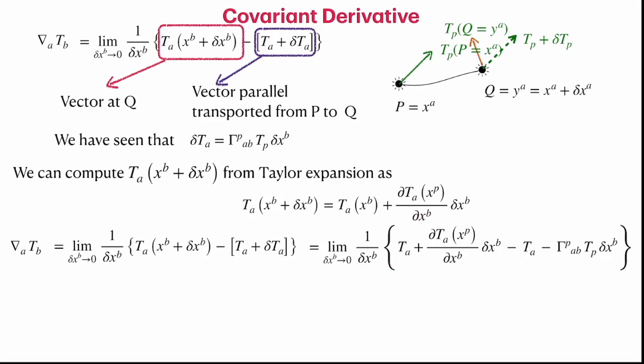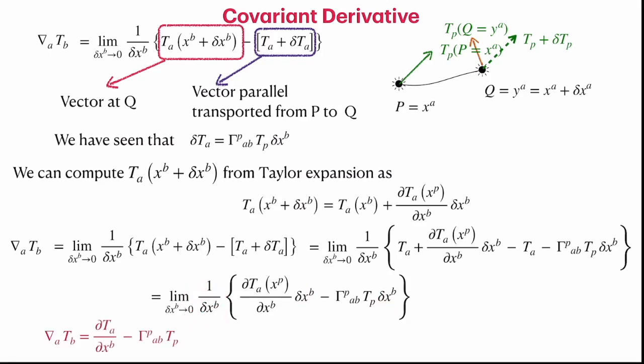These two terms cancel away and we are left with a simple expression, that is, the partial derivative of the vector field T^A at P minus gamma^A_PB T^P delta x^B, divided by delta x^B, and we take the limit. Then these two cancel away, and we are left with the expression for the covariant derivative.